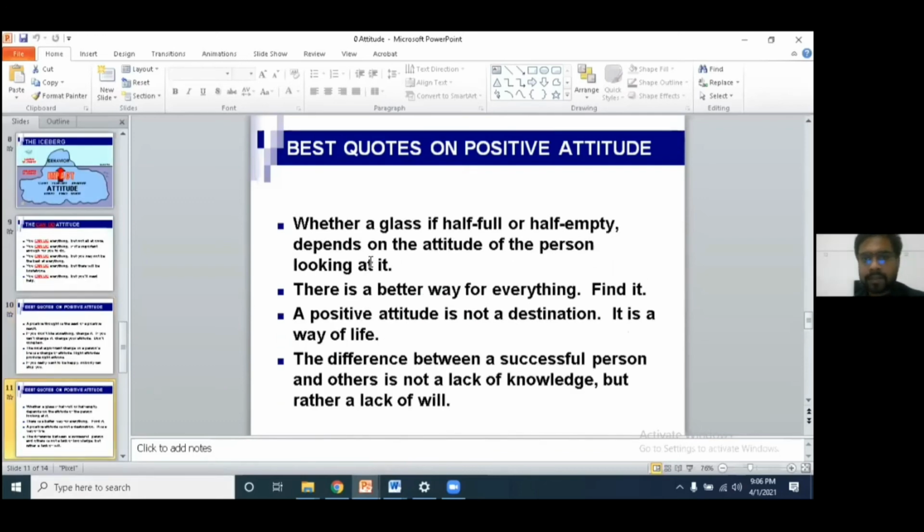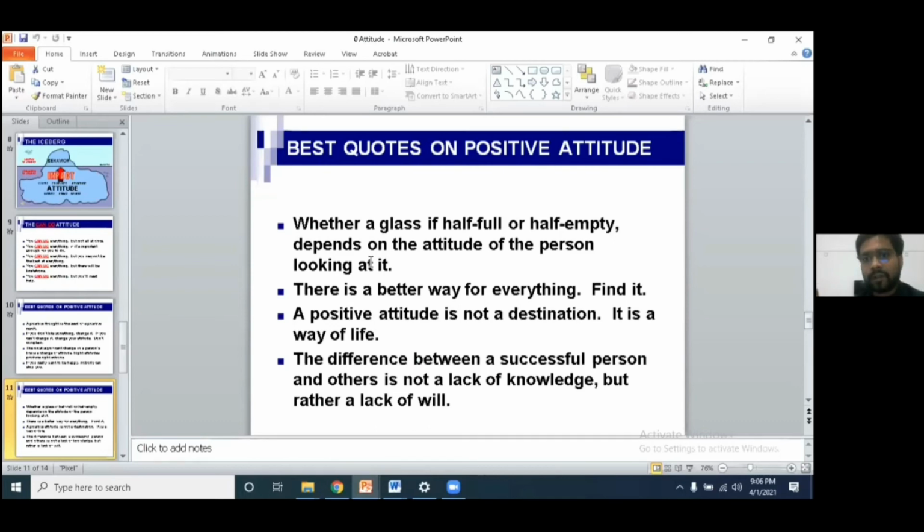Whether a glass is half full or half empty depends on the attitude of the person looking at it. I am giving you an example. There is a glass on your table, and the glass is half empty. If you see the glass from the bottom, then the glass looks like what?